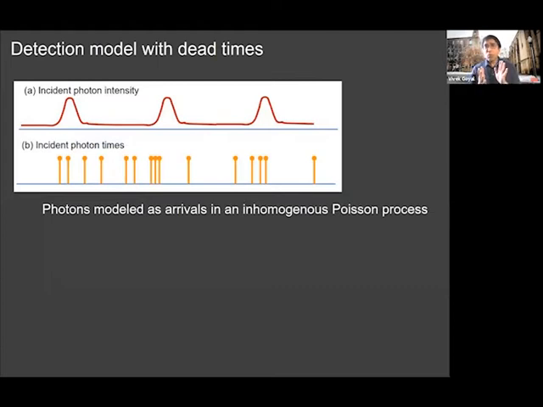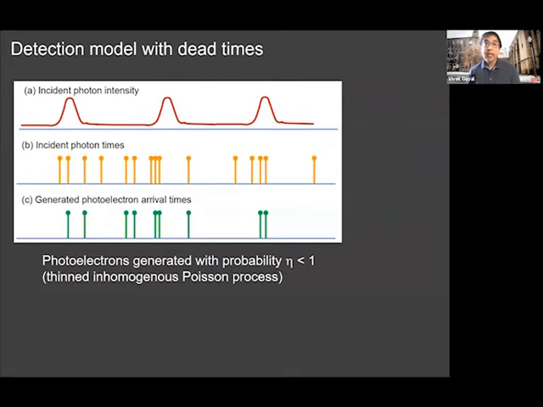So we've discussed incident photons as arrivals in an inhomogeneous Poisson process with a rate function that's proportional to the incident photon flux or intensity. We could add another detail to our model in terms of the detector having efficiency strictly less than 1.